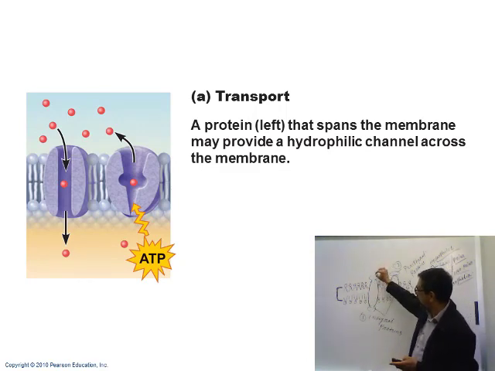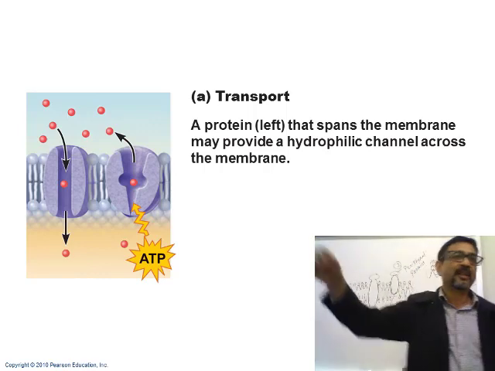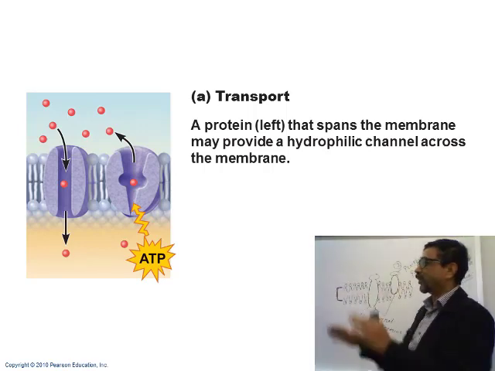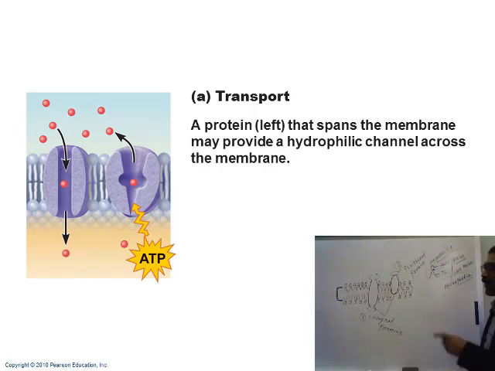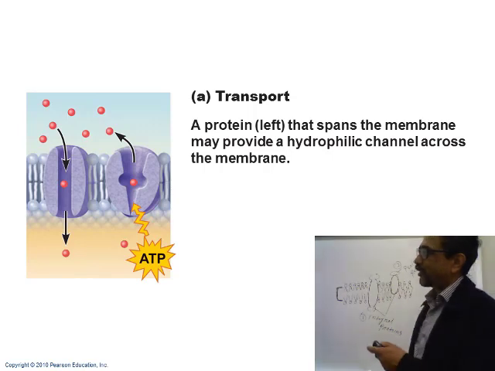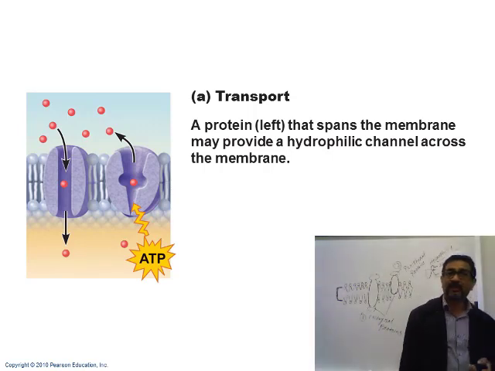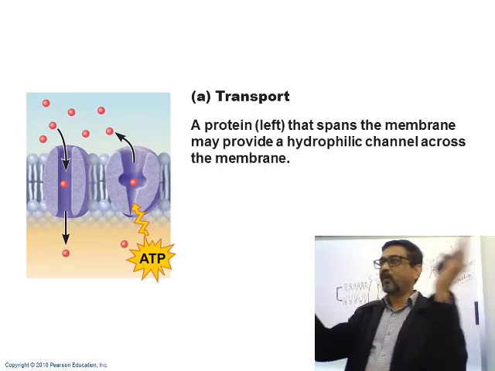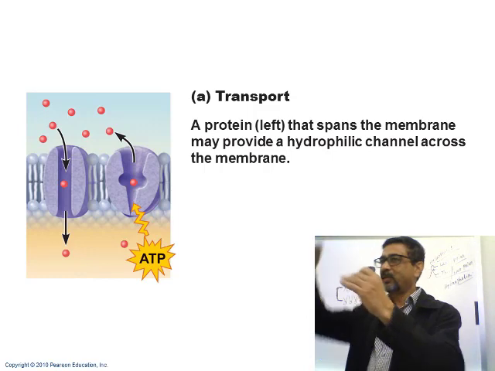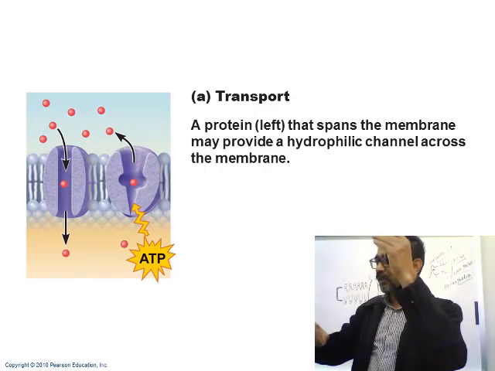So the smaller molecules, those are smaller than the size of the channel, easily can get in or out because that channel always remains open. Another integral protein you see here, this one has a channel too, but this channel is a gated channel. That means it can get closed and open. So one is always open, right? So smaller molecules can easily get in and out through it.